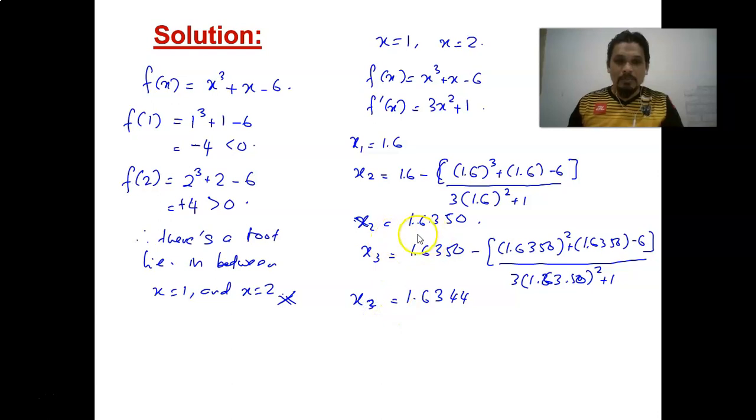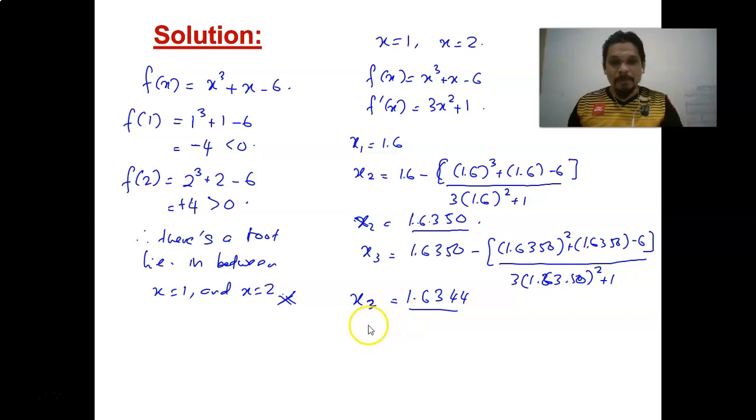Okay, you compare between 1.6350 and 1.6344. Because the 5 will change this 3 to 4, but the 4 doesn't change the 3 here to become 4. It retains the 3 here. So the two are not repeating, as we recall.